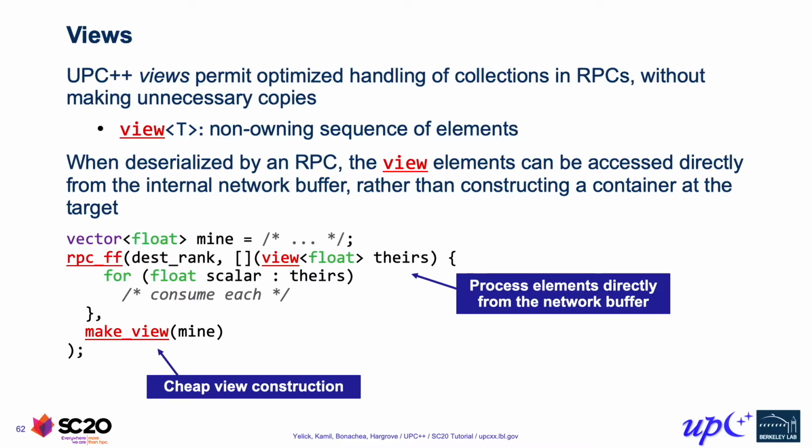But again, in both cases, we avoid the copy from the network buffer out into private memory. So in general, if we're going to be consuming the data directly within the RPC, a view provides better performance with fewer copies. On the other hand, if we need the data to live on past the end of the RPC, the most user-friendly way to do that is to just pass the container directly as the argument of an RPC, as opposed to making a view.